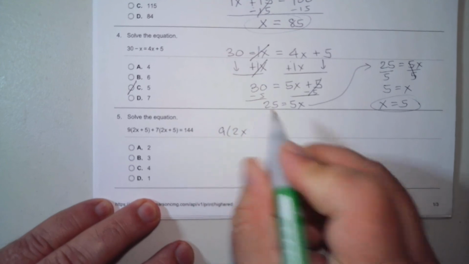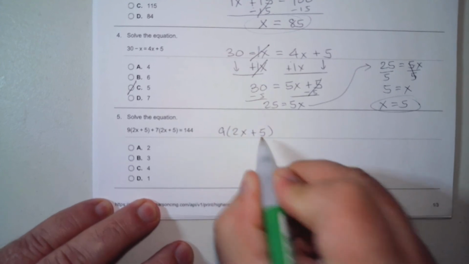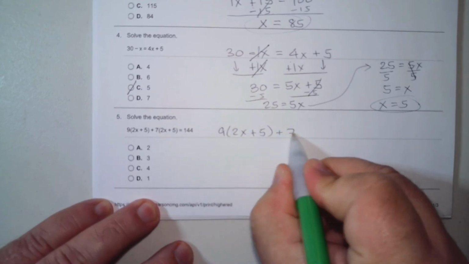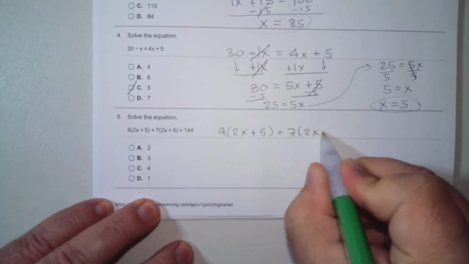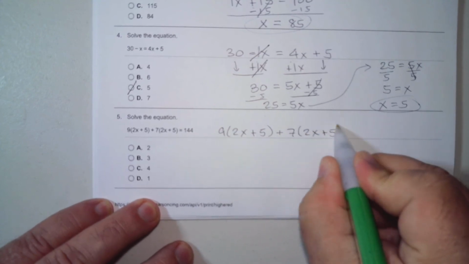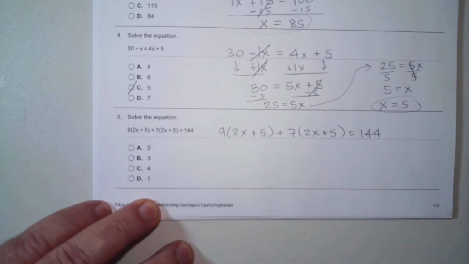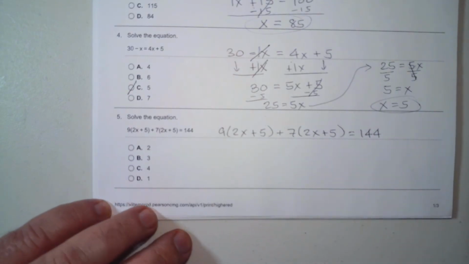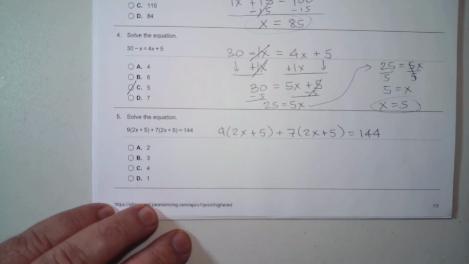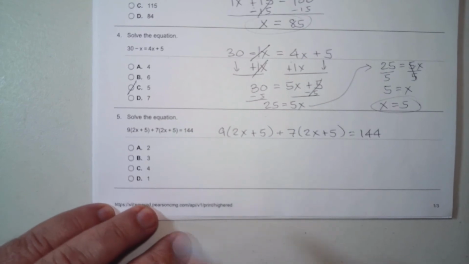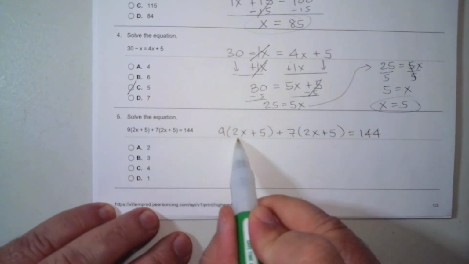9 times 2x plus 5 plus 7 times 2x plus 5 equals 144. All right. A couple ways of doing it. The easiest way, remember, order of operations.